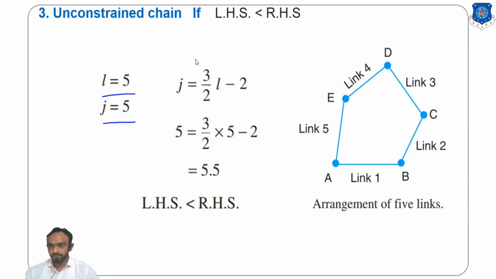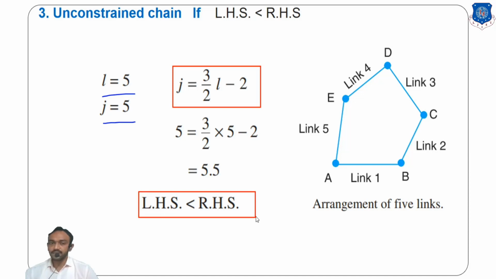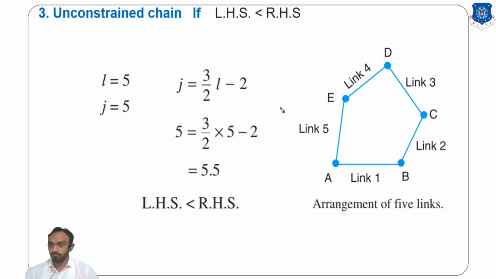Our relation is always J is equal to 3 by 2 L minus 2, and in this case we find LHS is less than RHS. So the link side is higher, and if there are more links than joints, then it becomes unconstrained.